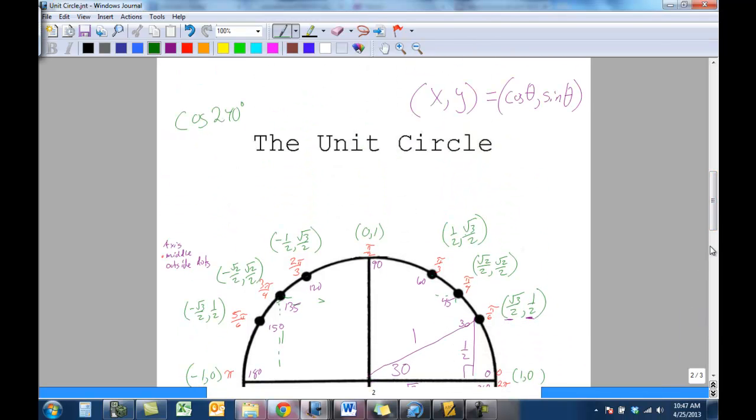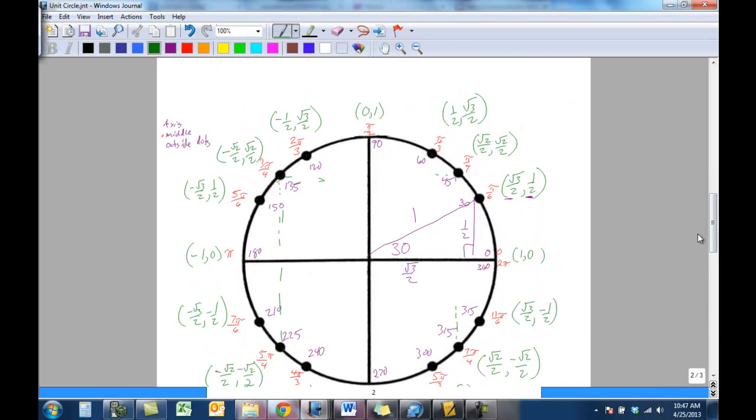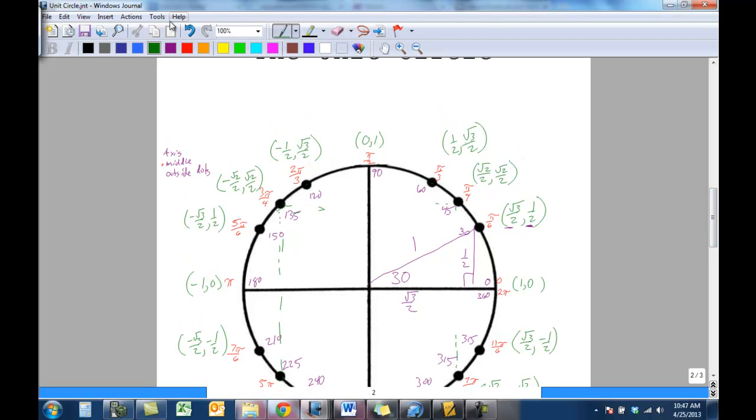The last thing are the tangents. Now, if you recall, tangent is opposite divided by the adjacent. So in this case, opposite is 1/2 divided by the adjacent is √3 divided by 2. All right?